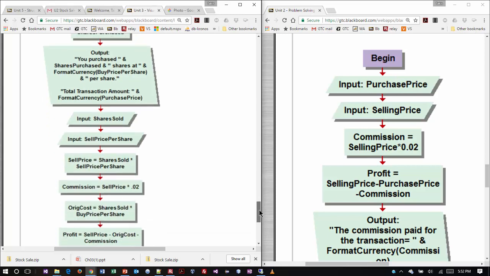And then when I pseudocoded this, now mind you, when I pseudocoded this originally, we were using this program, and right at that point, we thought it was a good idea when we did this in class a couple years back to give an output to the user right away to indicate this is what you entered. You entered in 10 shares at $100 a share or whatever, and we just output that back to the screen.